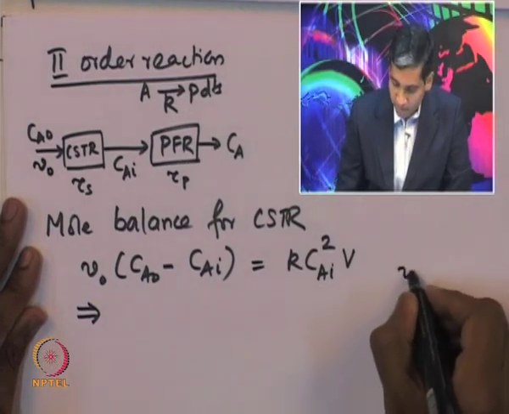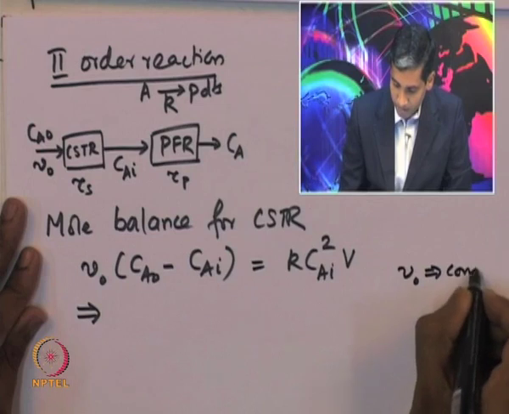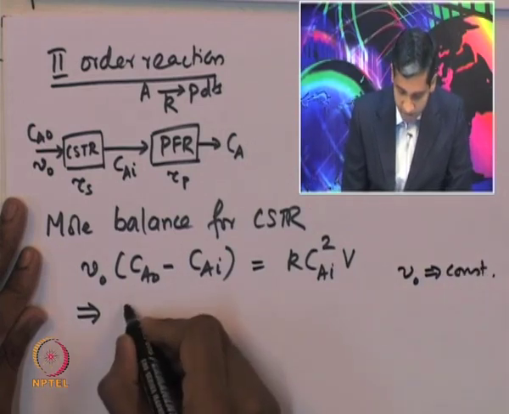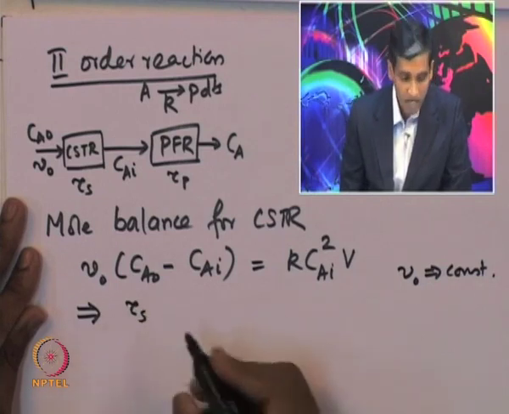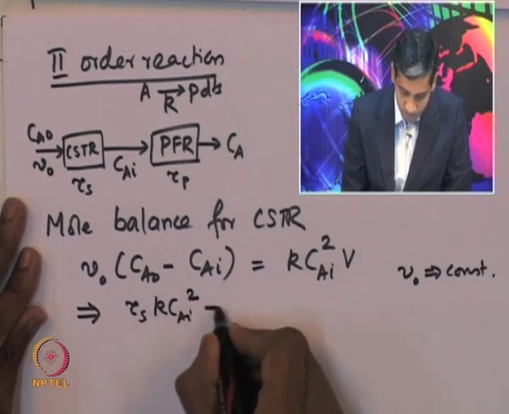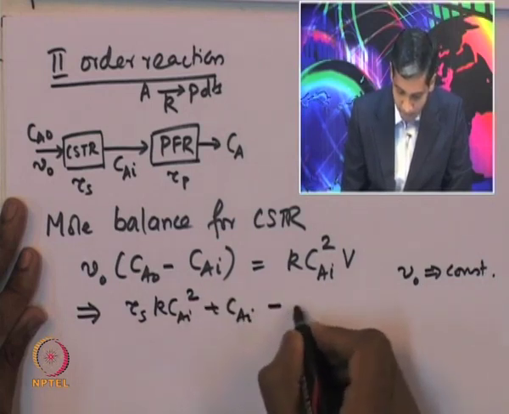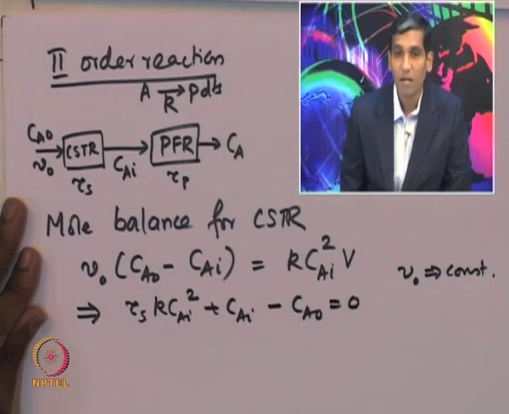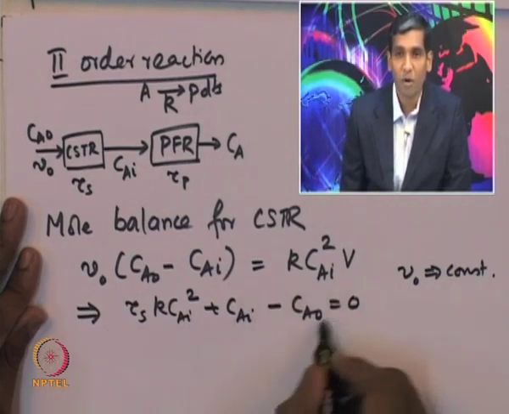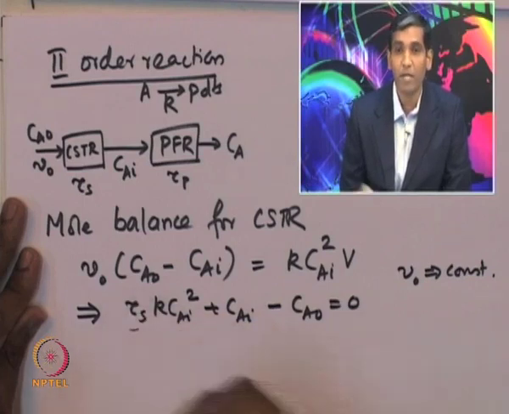So, if we assume that V naught is constant, that the volumetric flow rate is constant, then we will find that this equation can be rewritten as tau s into K into Cai square plus Cai minus Ca naught equal to 0. So, that is a quadratic equation in Cai. Ca naught is a measurable quantity which is known, and tau s is again a measurable quantity.